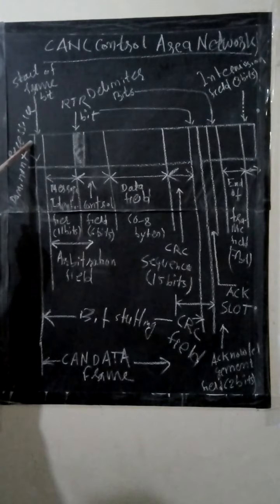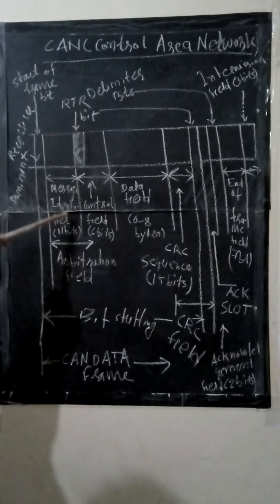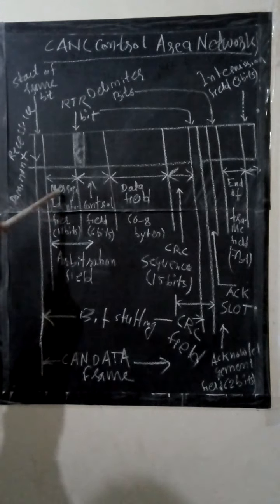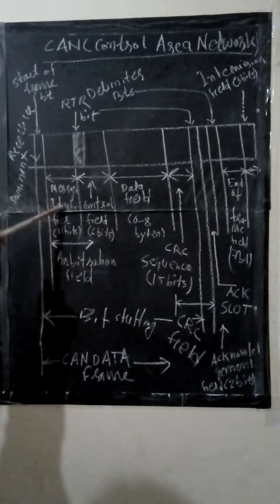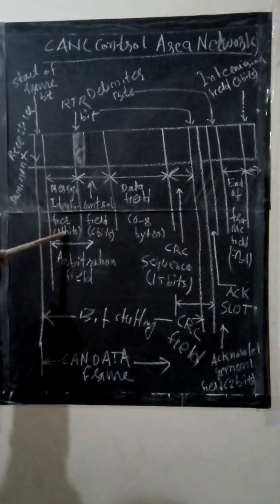How are the bits divided in this CAN data frame? This one is the start of frame bit. This one is the message identifier, which consists of 11 bits.